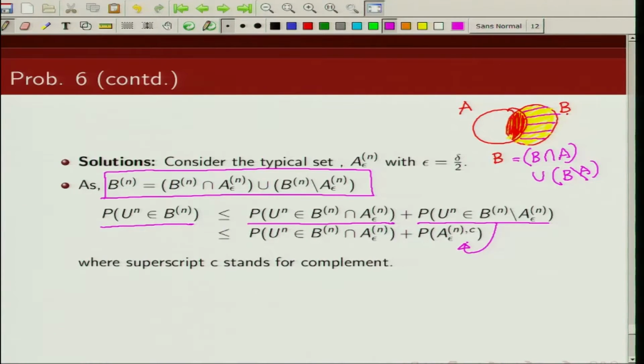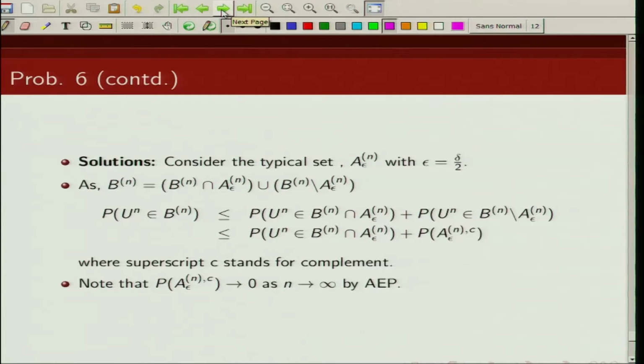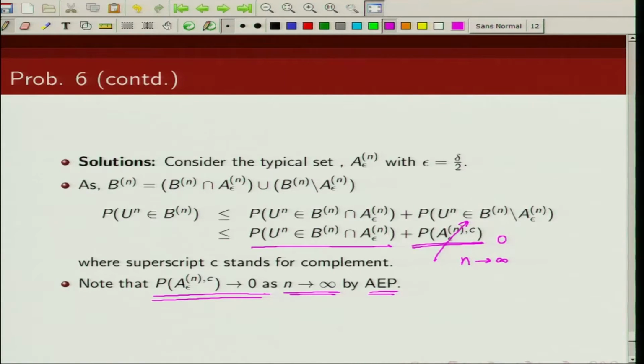Now from the asymptotic equipartition property, we know that as n goes to infinity, this probability is negligible. This was very, very small, some epsilon, so this goes to 0. So as n goes to infinity, this probability basically will go to 0, right? So the limit when n goes to infinity would be upper bounded by the limit of this probability.